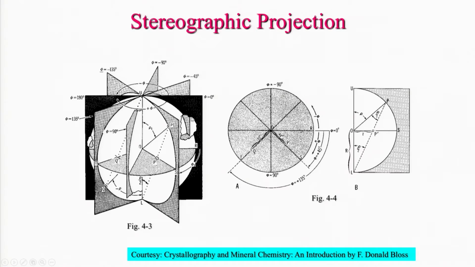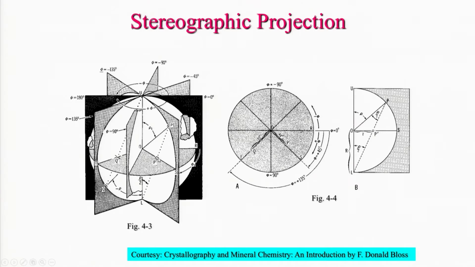This vertical plane also lies within the trace of this great circle here. Now, to have a stereographic projection of P on this horizontal plane on this circle, you have to join P with the south pole here. Now, this is the position of P on this horizontal plane, we call it P dash.